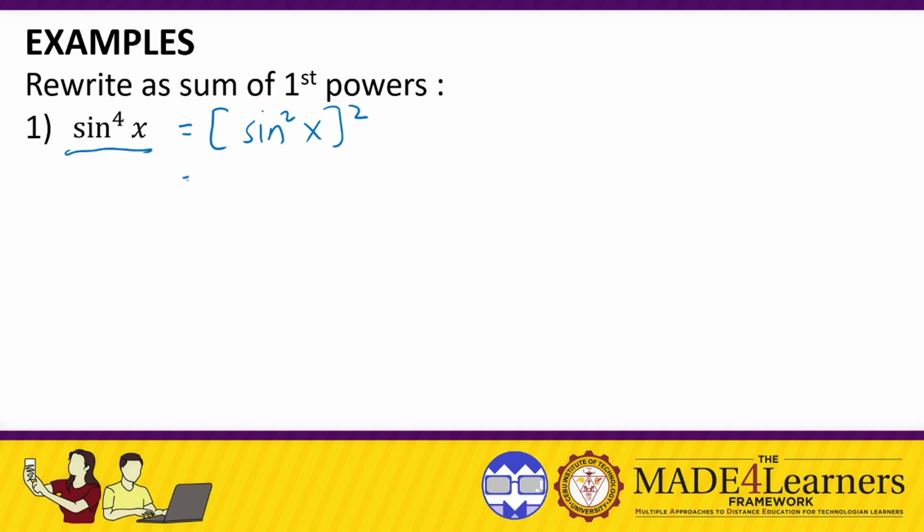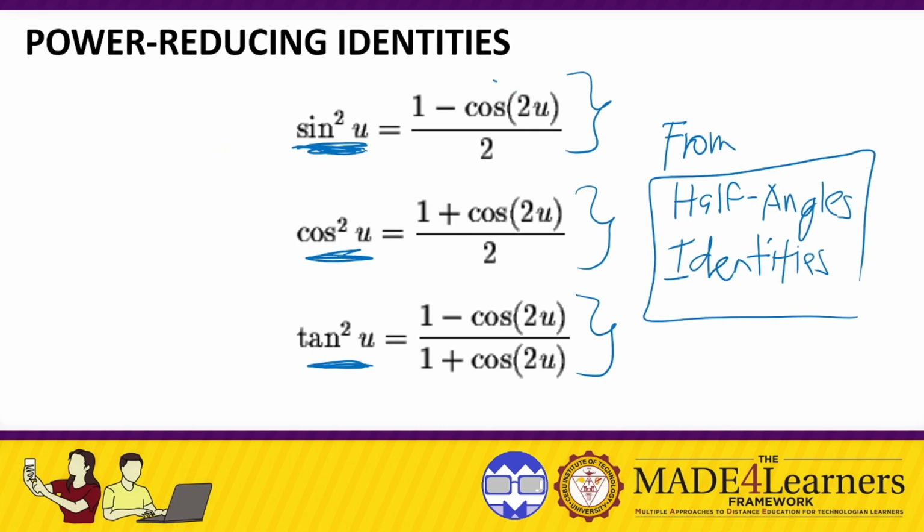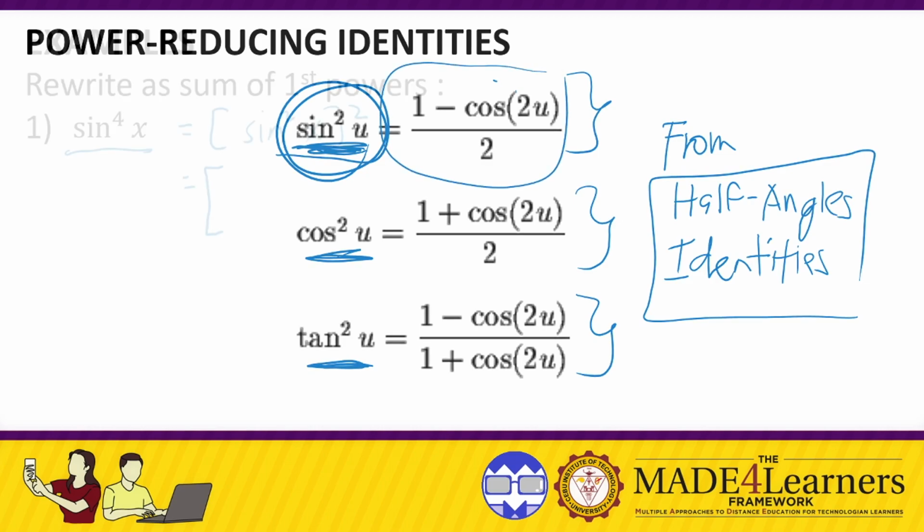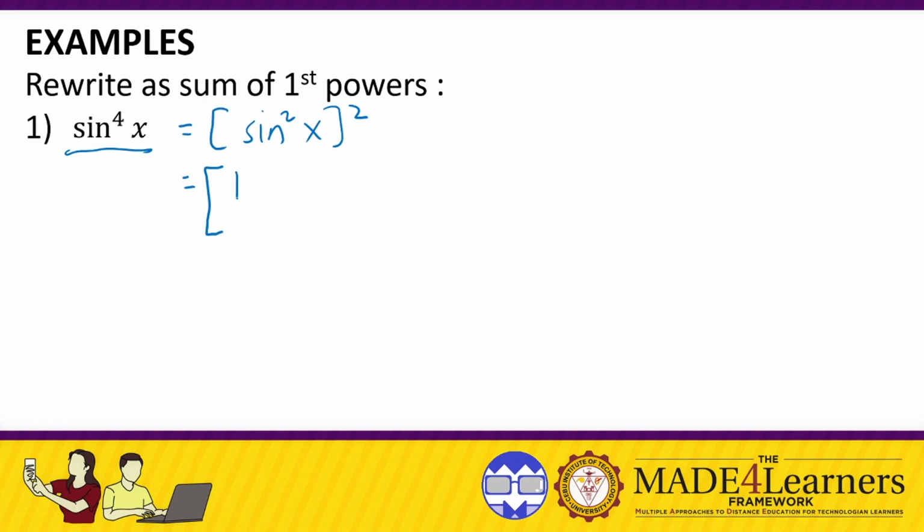Here we can now apply our power reducing formula. Sine squared u is 1 minus cos 2u over 2. So this is 1 minus cos 2x over 2.